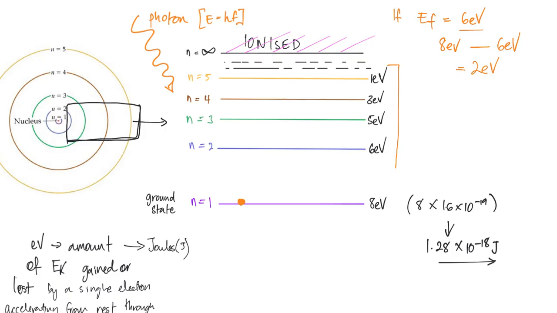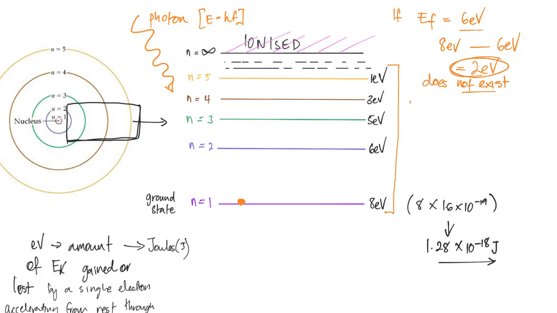But when I look at this zone over here, this 2 electron volts does not exist. So I have a situation where my electron does not have enough energy to reach 2 electron volts.